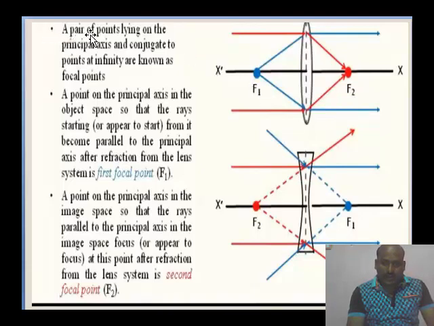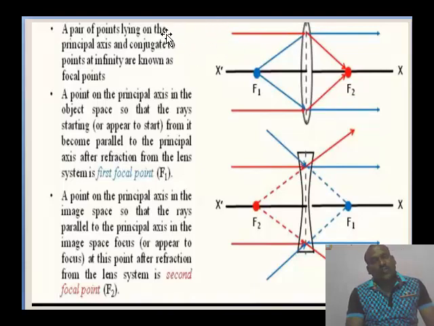Look here: a pair of points lying on the principal axis and conjugated to the points at infinity are known as the focal points. The rays incident come from infinity and meet at the principal axis. In this case, the rays start from the principal axis and go away to infinity.